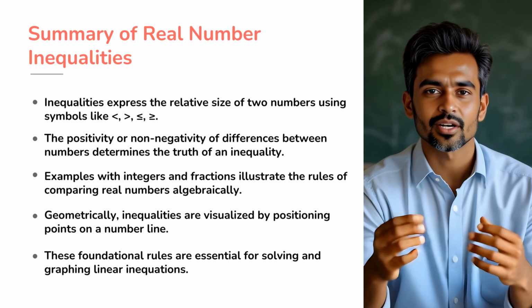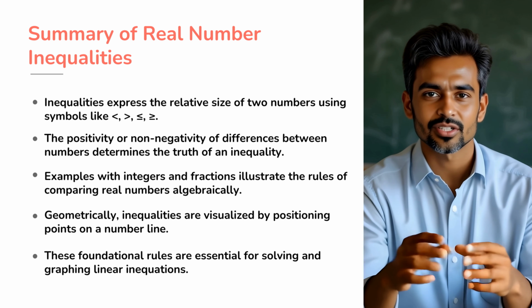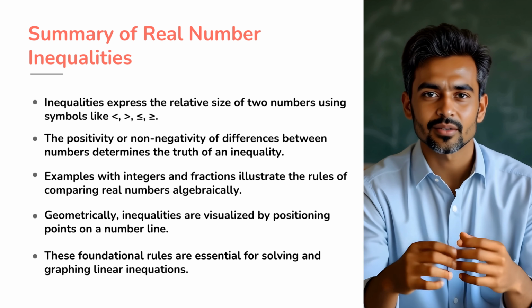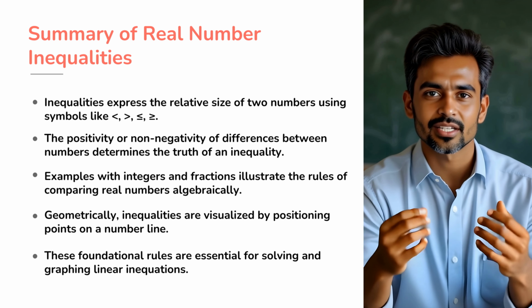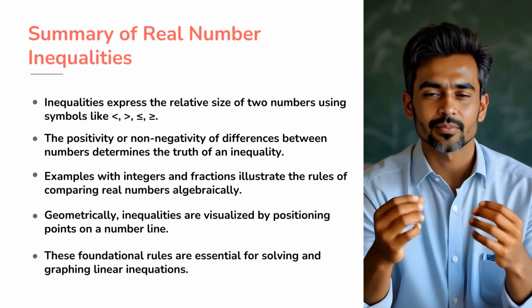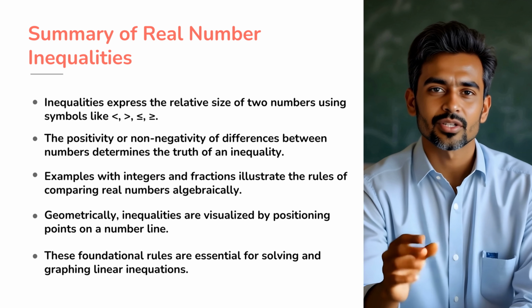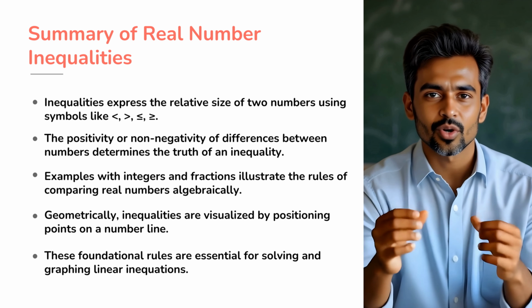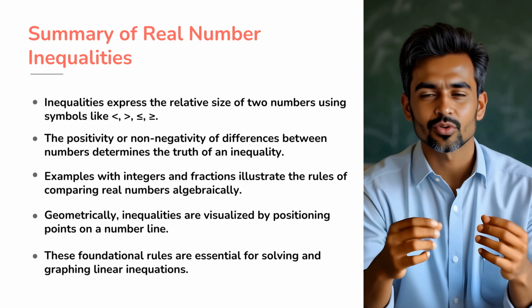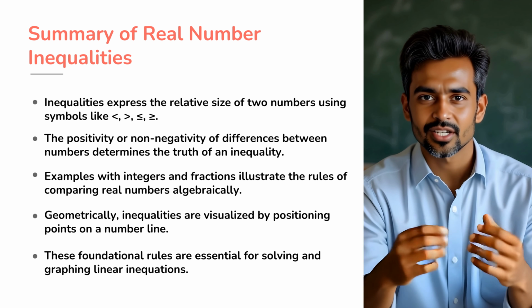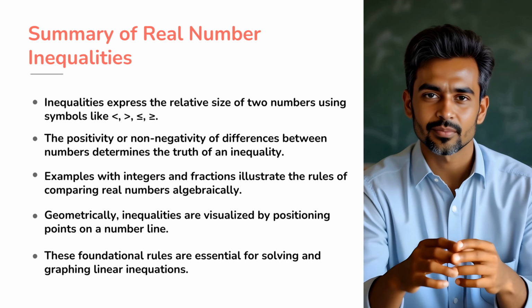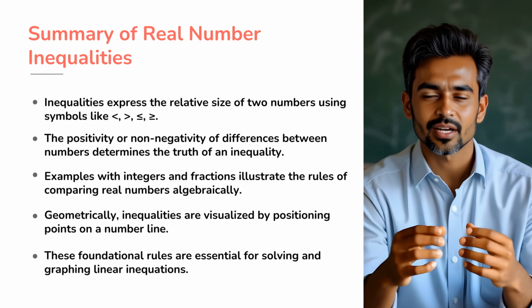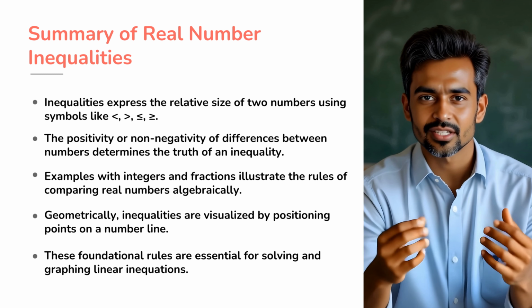We explored real number examples, integers, negatives, and fractions, verifying if the difference was greater than 0 or 0 itself. Finally, we used number lines to visually show these relationships. Inequalities are a basic but powerful tool for defining solution ranges and conditions in algebra. And that's our foundation of comparing real numbers using inequalities.